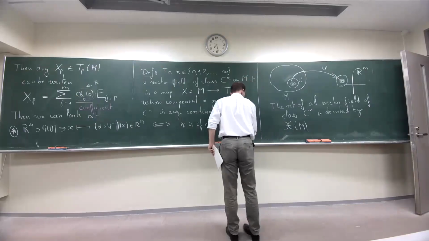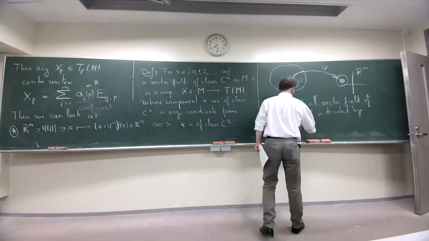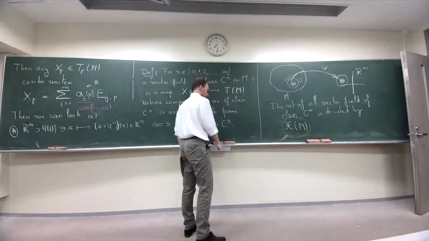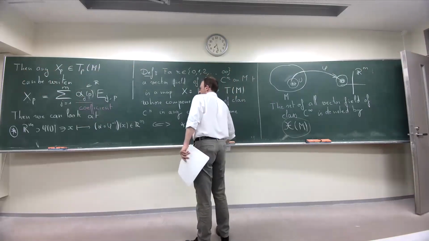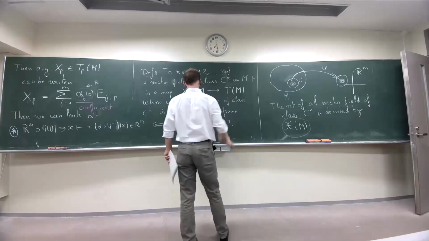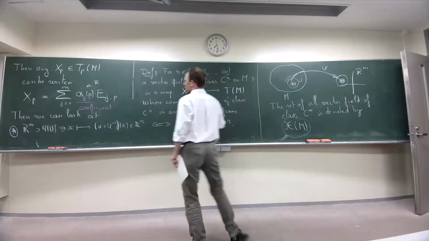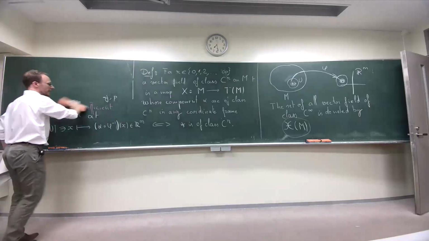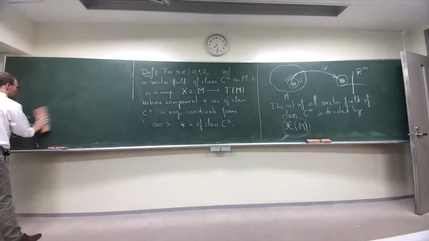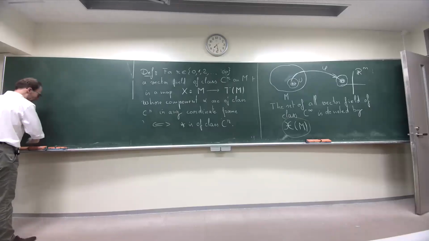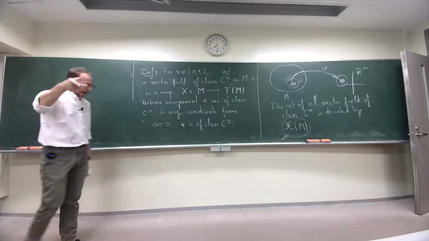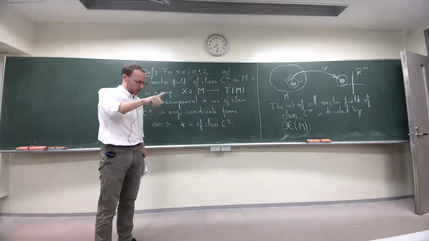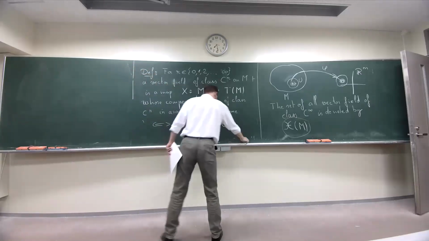Now, I want rather quickly to say a few words about this set, because it has some properties which are not completely trivial. So remember, vector field, keep this idea of the wind on a map. It's a function from the manifold to the tangent space at every point.